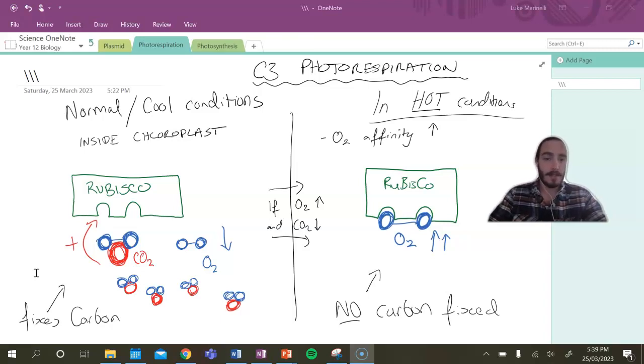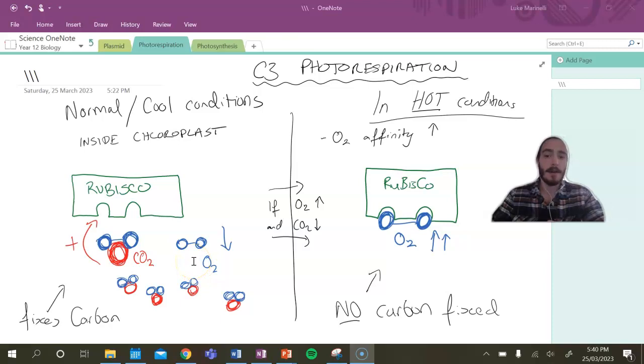Now, the interesting thing about Rubisco is that it can bind with both carbon dioxide and oxygen. Okay, so that's why in my drawing that I've got here, I have Rubisco as this green enzyme that has this active site that can either fit carbon dioxide, but it can also fit oxygen.